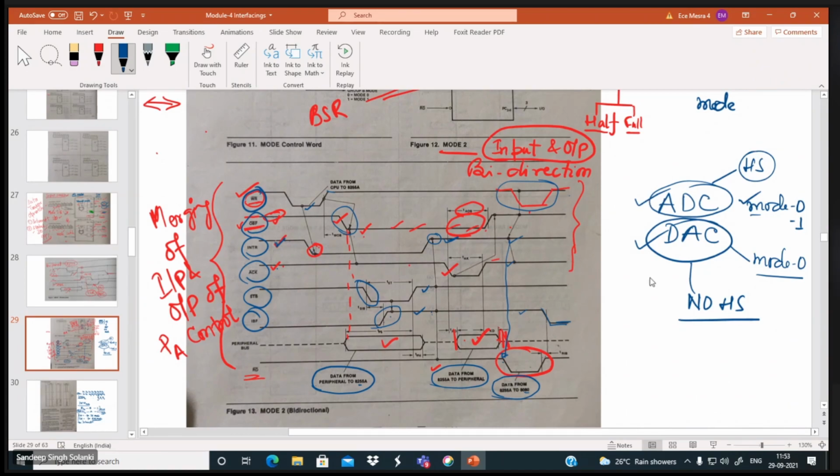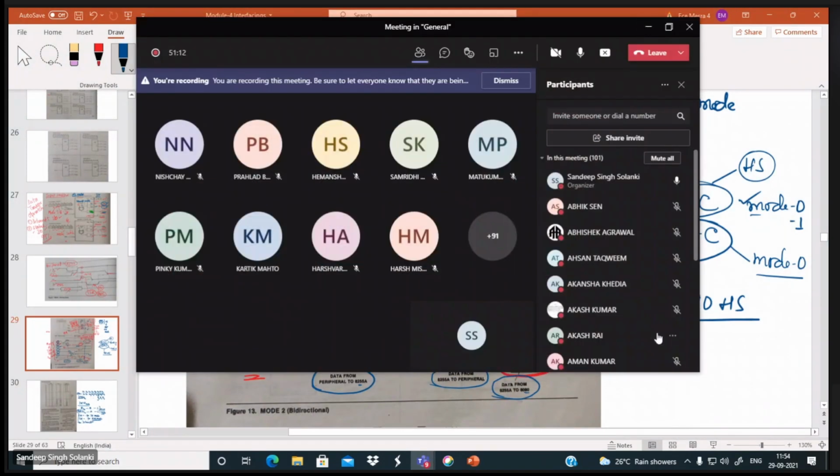ADC and DAC, you people have studied earlier? Have you studied ADC, analog to digital converter? Yes, sir. And DAC also you have studied, isn't it? You must be remembering the different types of ADC and DAC.